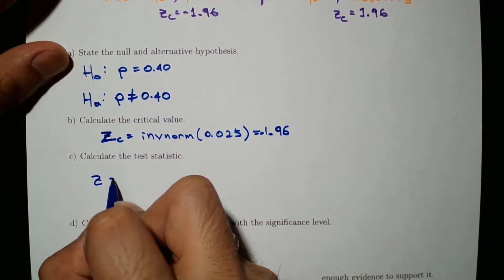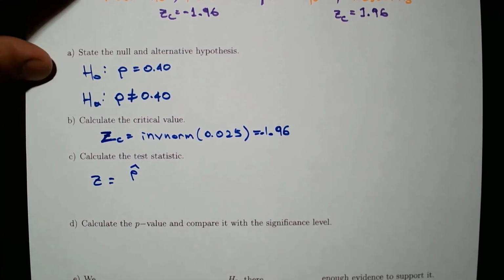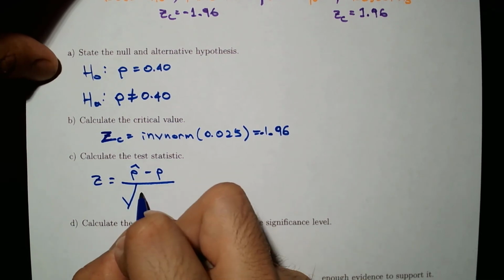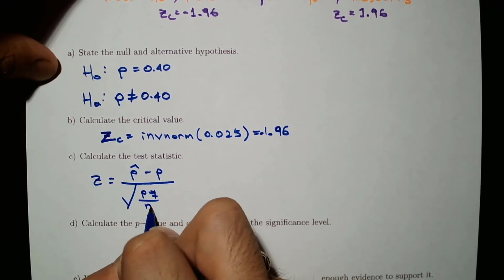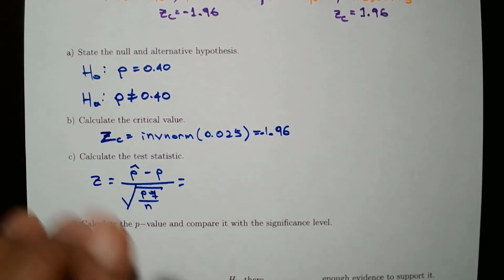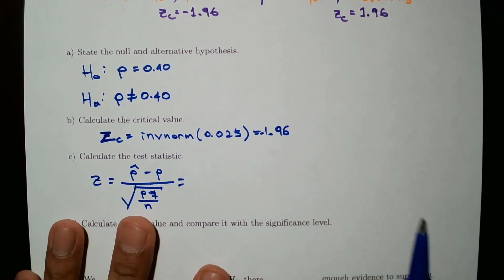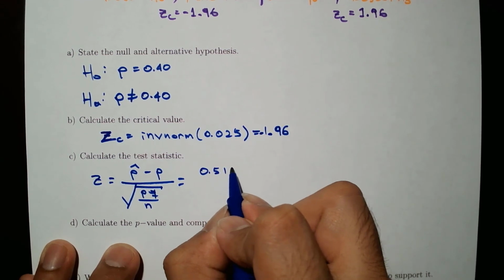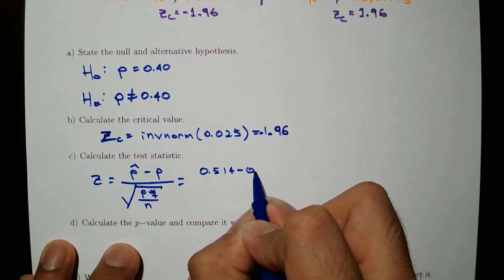So z equals p hat minus p, divided by the square root of pq over n. Again, let's write down the formula. Let's write numbers. P hat, we got actually 0.514 minus 0.4.